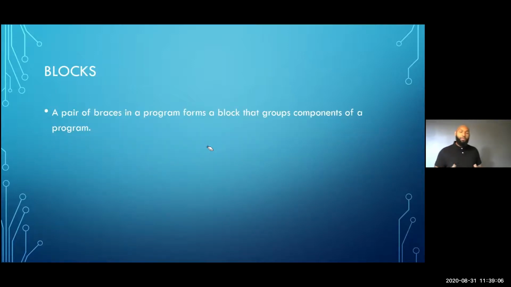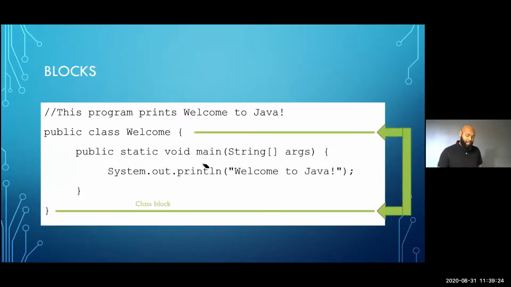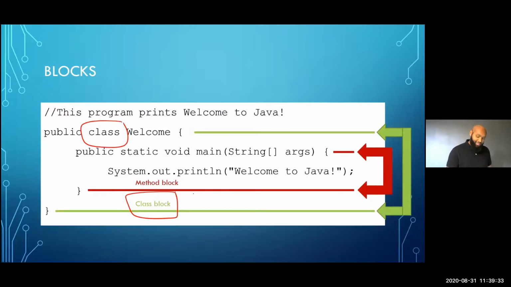In Java, we have blocks, which again, we saw those earlier. There's an opening brace and a closing brace. Everything within that block is accessible inside that block. For example, this is what we had before, right? Our simple Java program. That's the class block, right? The main method block is inside of that class block.